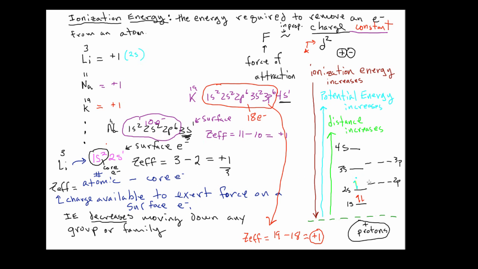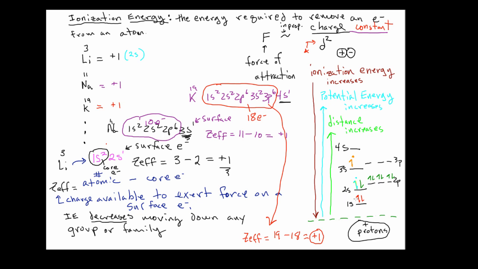Now, let's take a look at what's going to go on with sodium then and identify where its surface electron is. So I'm going to go ahead and put in the electrons for sodium now and change the color. And so here's what we got going on for sodium. And then check this out. Here's its outermost, its surface electron. This would be the one that we're going to remove. So look what's going on here.